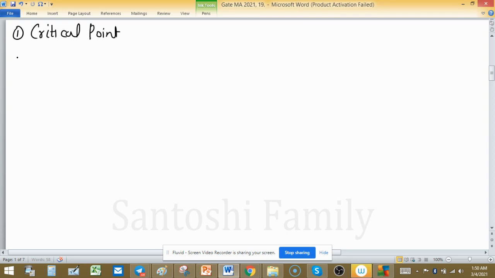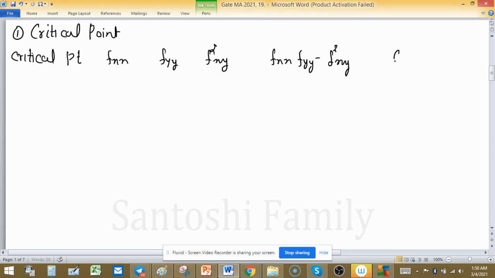For this we always make this table: critical point, fxx, fyy, f square xy, and fxx fyy minus f square xy, and conclusion. We will put critical points here.